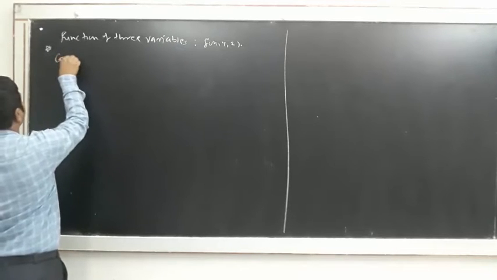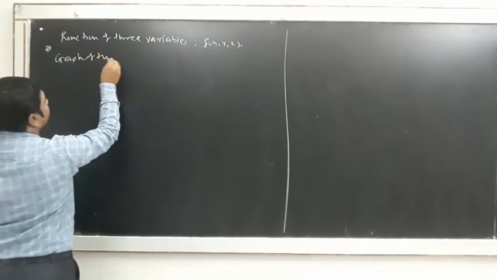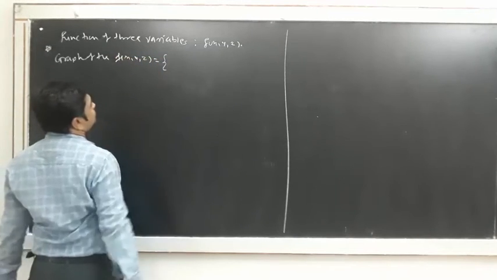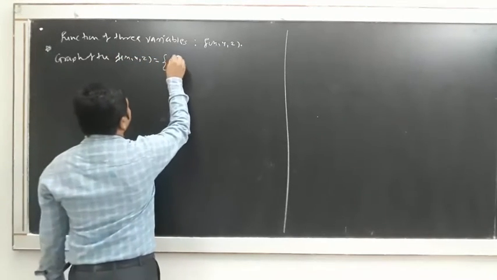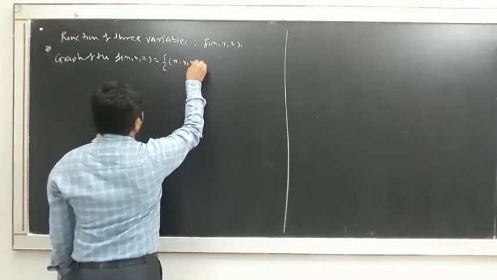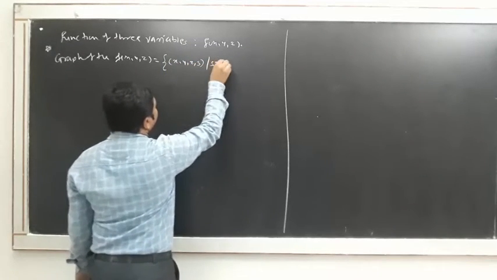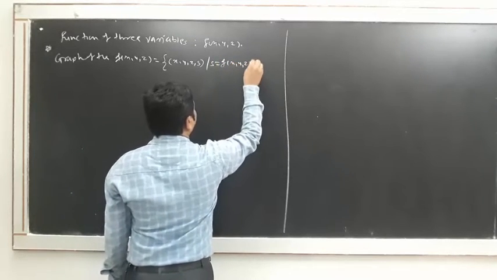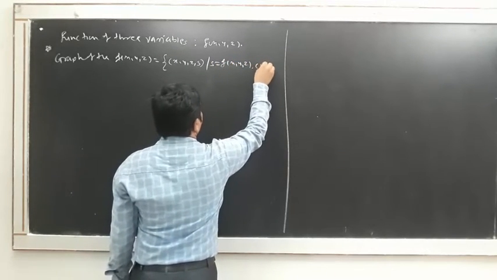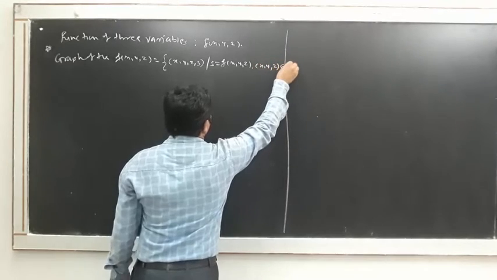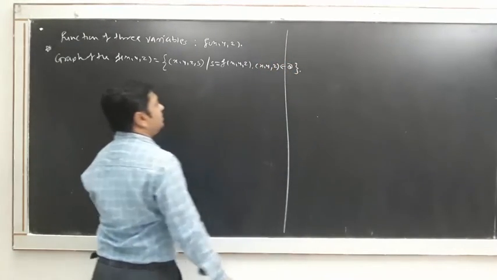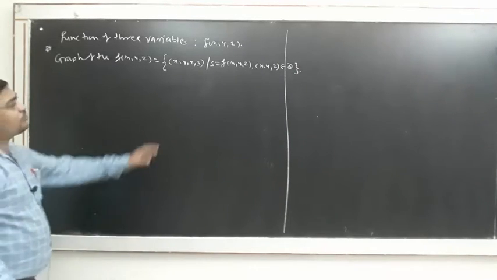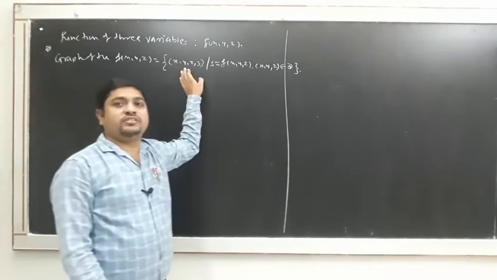The graph of f of x, y, z is the set of all (x, y, z, s), where s is equal to f of x, y, z and (x, y, z) is in the domain D. Now we can see that this graph goes into four dimensions.